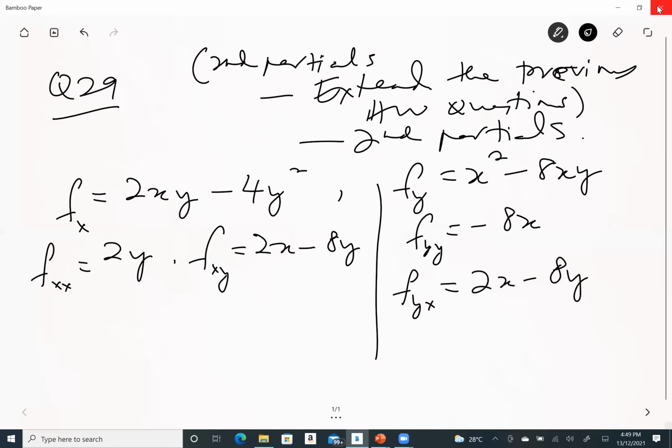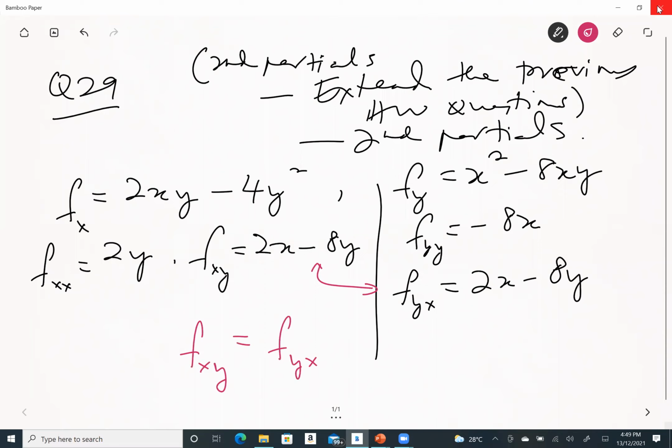Okay, what you can see here is this. You can see fxy and fyx, they are the same. You check the previous example, it's also true. So one pattern: fxy should equal fyx.